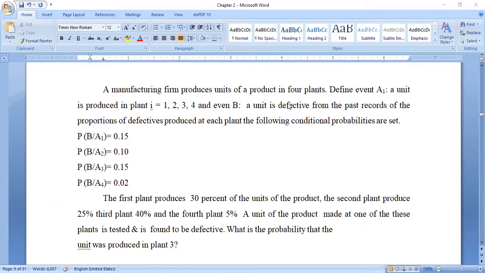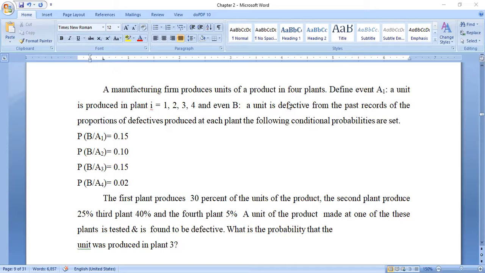Okay, a manufacturing firm produces units of a product in 4 plants. In the previous problem, we discussed machine 1 and machine 2 only, 2 machines, but in the given problem, a firm indicates a factory, or manufacturing firm, and 4 plants are there.